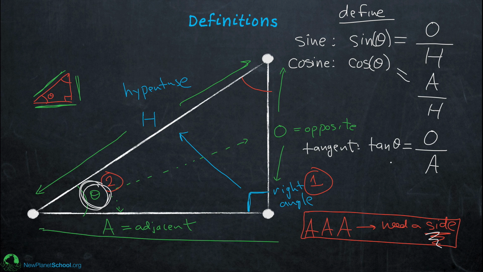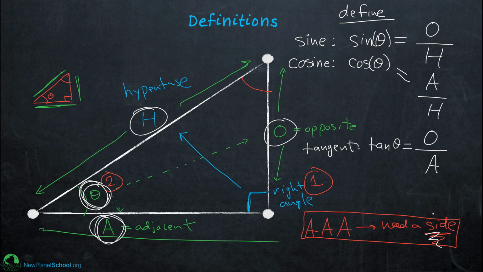So you give me theta, I can take the tangent, and that will give me the ratio of this side to this side. And if you give me theta, I can take the cosine and get the ratio of this side to this side, and the same for the sine. So here's what's neat.